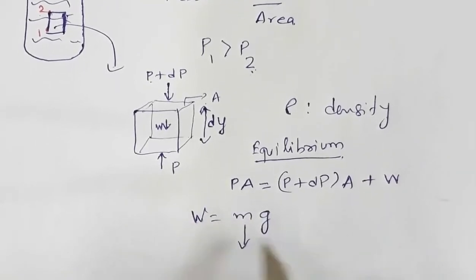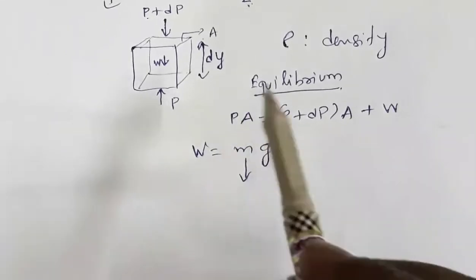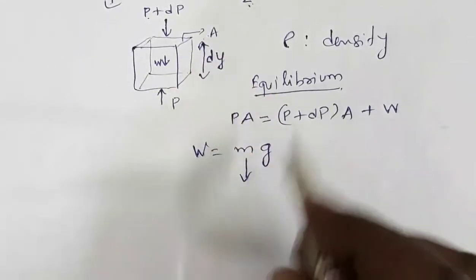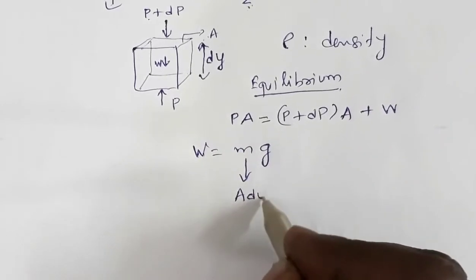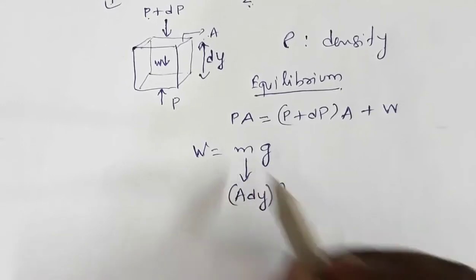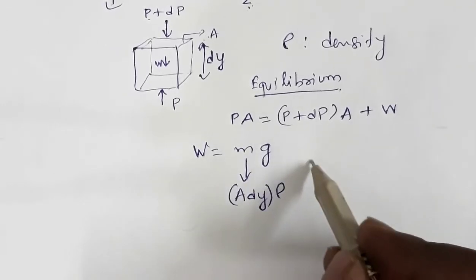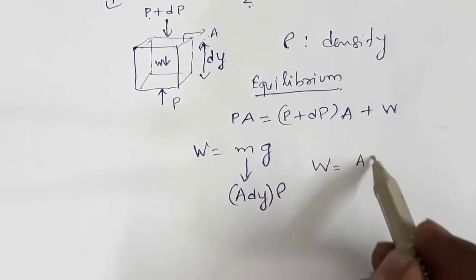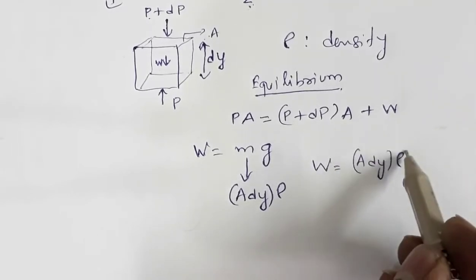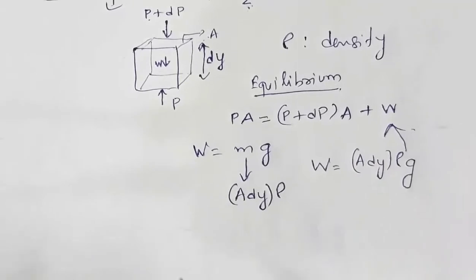Now this weight W is mg. What is this mass? Mass is volume into density. Volume is area into length of the side, so this is A dy. This is volume into density, so that is mass. So that means W is equal to A dy rho g. If I substitute this value over here, what do you get?